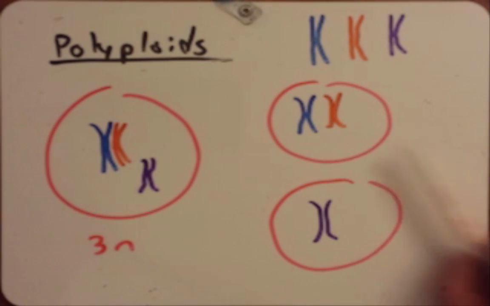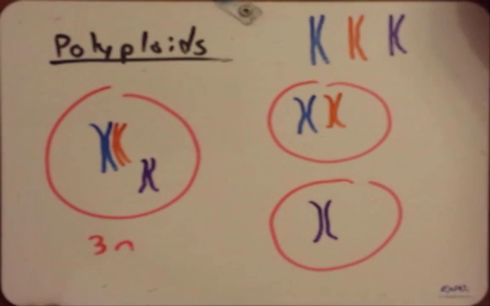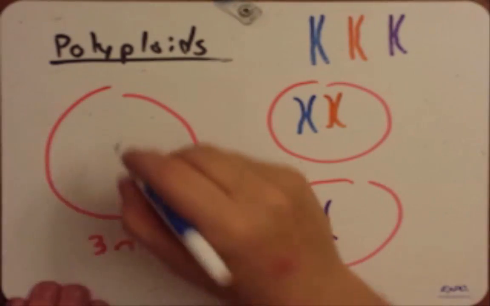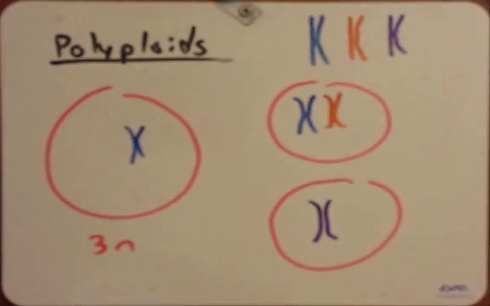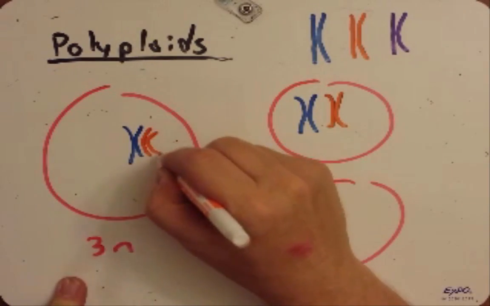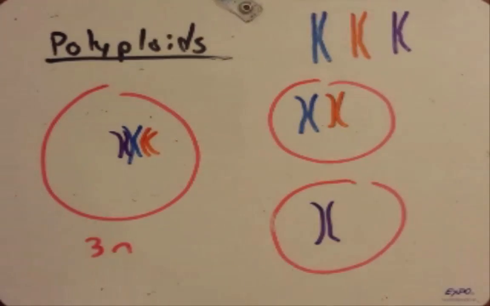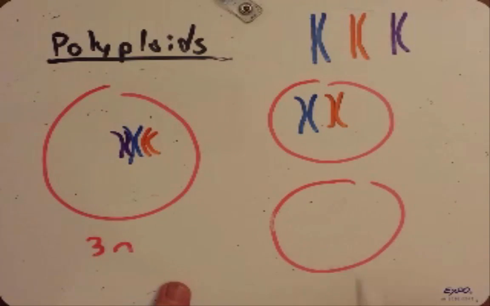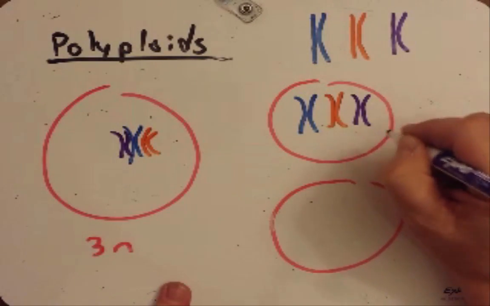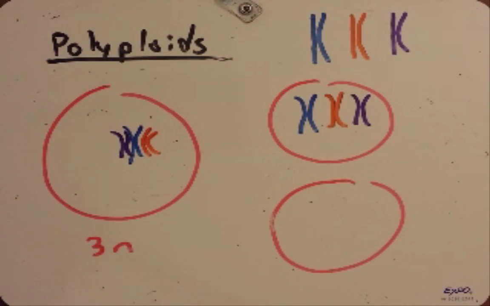And the way I drew this here was just one possibility. You could have a possibility like this, where they all kind of stick together and synapse with each other. And when that happens, all three end up in this cell, and nothing in this one. So again, with so many chromosomes, the chances that you're going to get one gamete that's produced that has just one copy of the chromosome in it is very rare, and usually isn't going to happen.